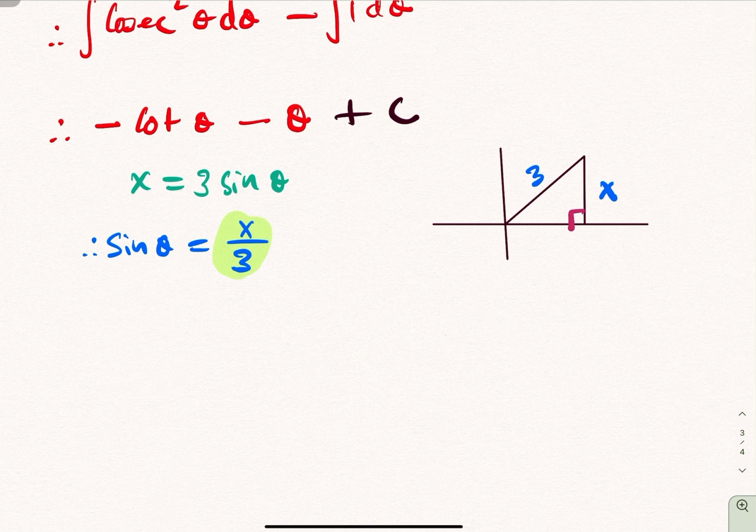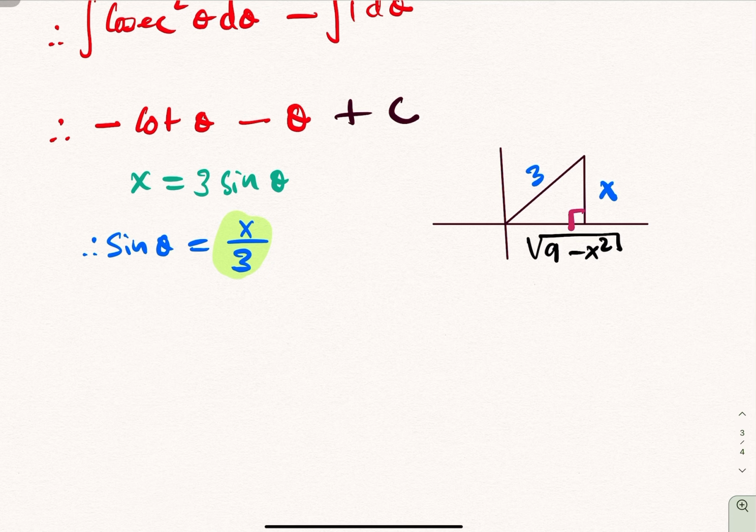You can do this by Pythagoras theorem from your high school maths, and that is going to give you the square root of the hypotenuse squared minus the opposite side squared. It's going to be the square root of 9 minus x squared. That should really be easy.